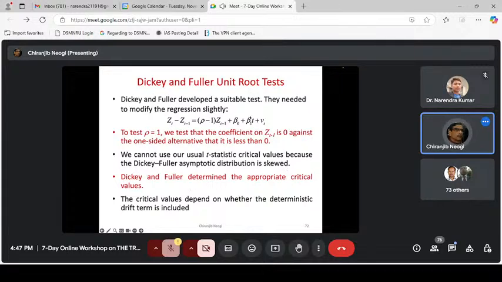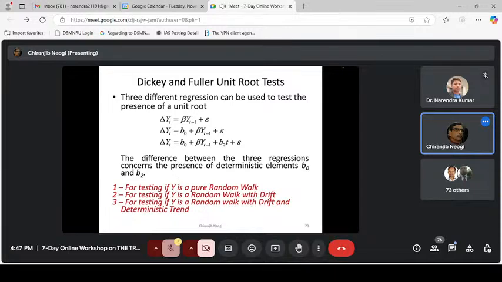So, Dickey-Fuller. Now this is the process. Instead of rho, I can write it as gamma, say, or beta. Here yt is equal to beta yt minus 1, delta yt is equal to beta0 plus beta yt minus 1.